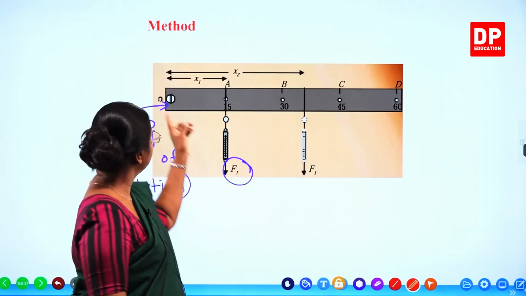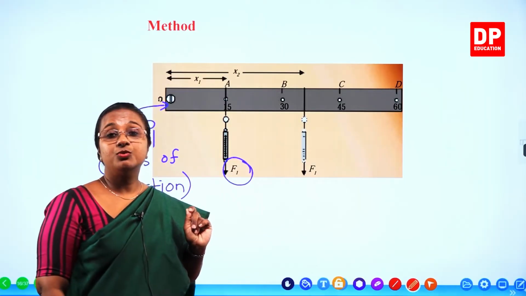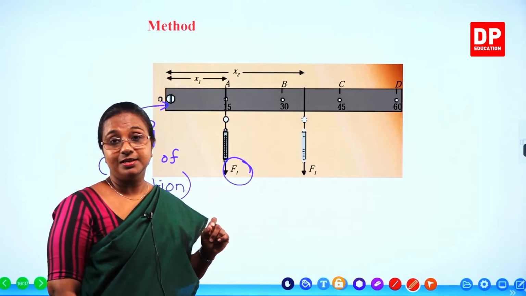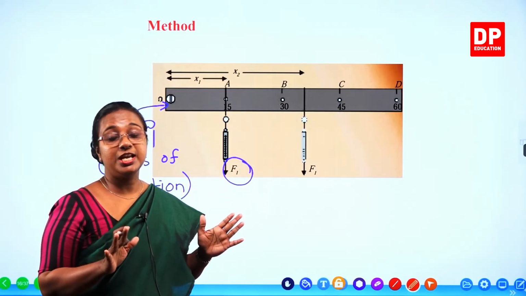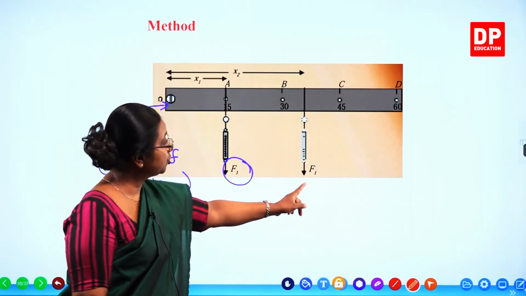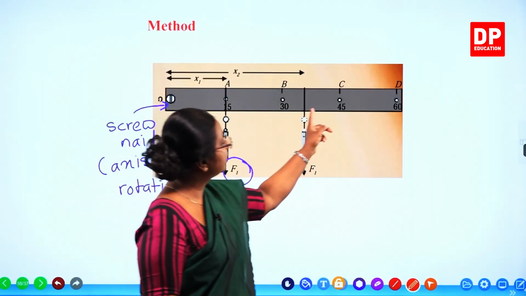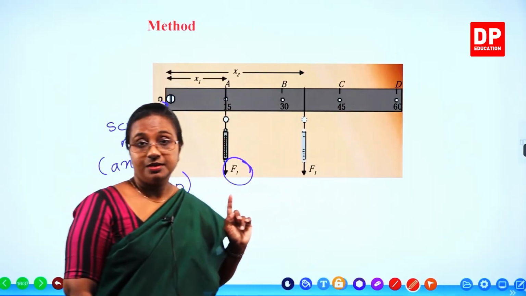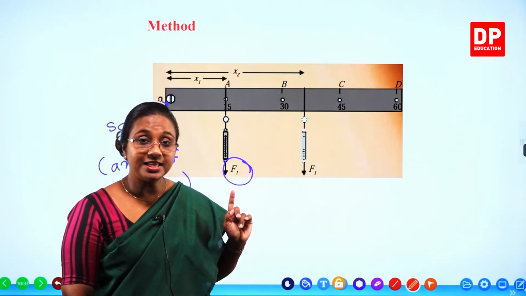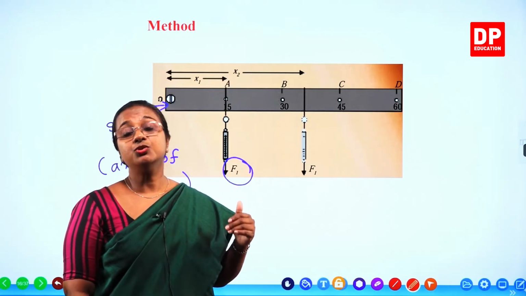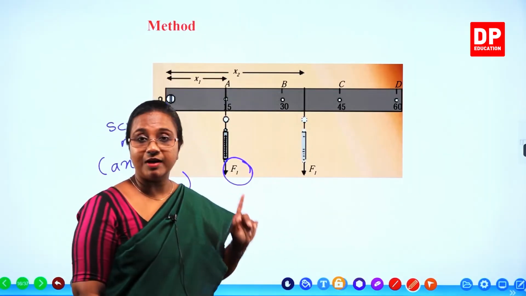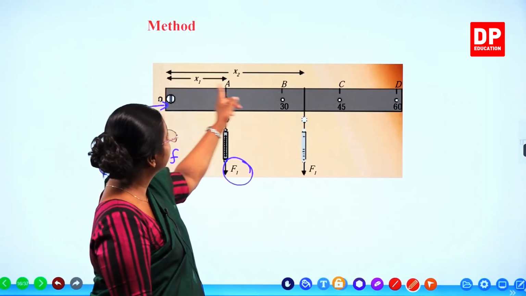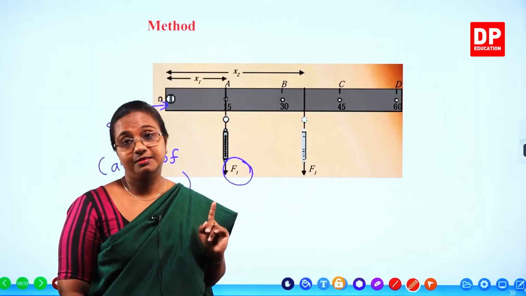Then again, you tighten the screw nail by another quarter turn and repeat the procedure without changing the force. The force has to be F1. You need to further push the Newton balance towards point C, and as it starts to rotate with the same force magnitude F1, you measure the distance x3.